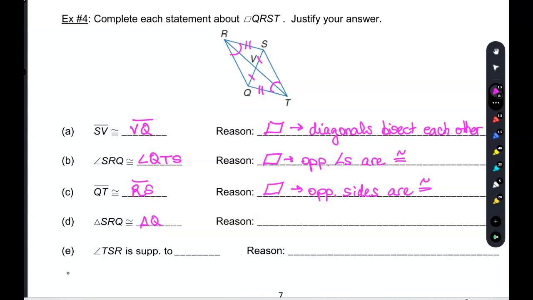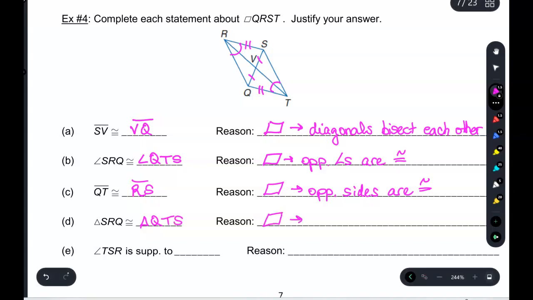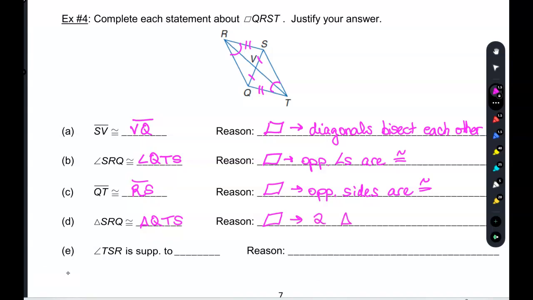What did we do? QTS. And that is, if you have a parallelogram, we'll just say the two triangles are congruent. Don't worry about it. It's basically the two triangles created by a diagonal. We'll make two congruent triangles, but you can just abbreviate it that way. And lastly, angle TSR.